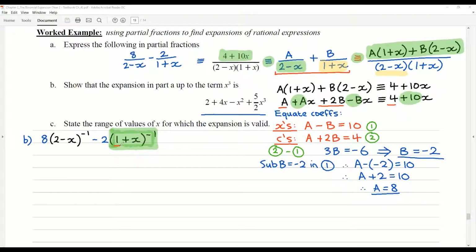The expansion over here, however, is going to need a bit of work. So here I'm going to do some side work, of course. I'm going to split the question now into looking at 2 subtract x to the negative 1 and 1 plus x to the negative 1, and then we'll combine our results. Okay, so we need to call these brackets something so we know what we're talking about.